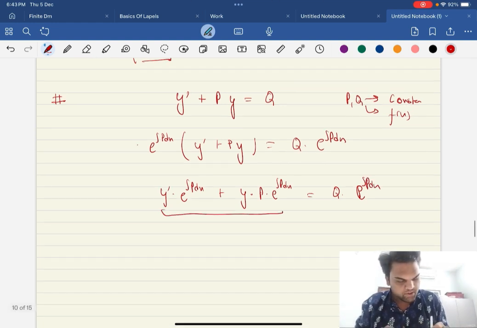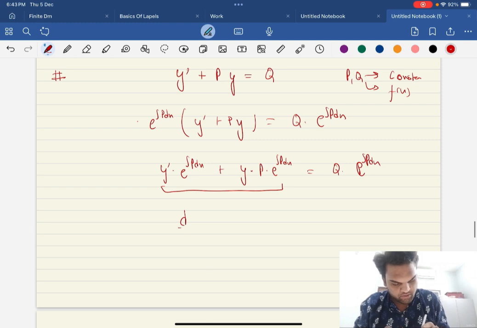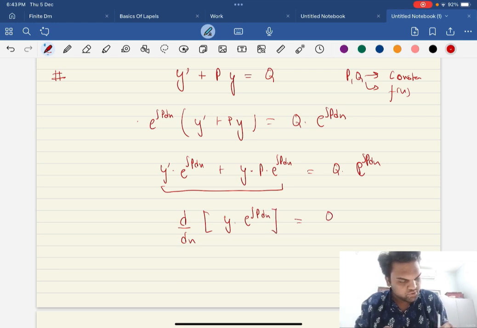This is nothing but a perfect differential: d/dx of (y times e^(∫p dx)) equals q times e^(∫p dx).